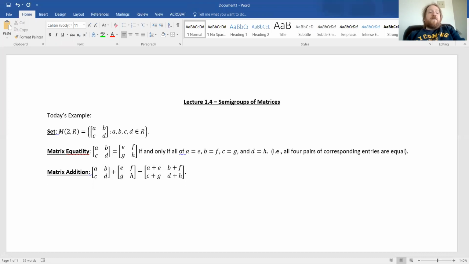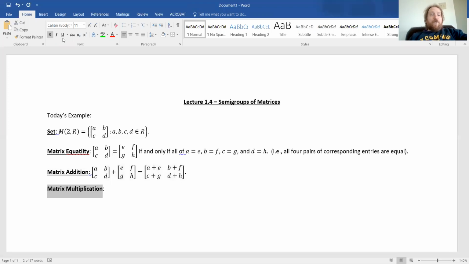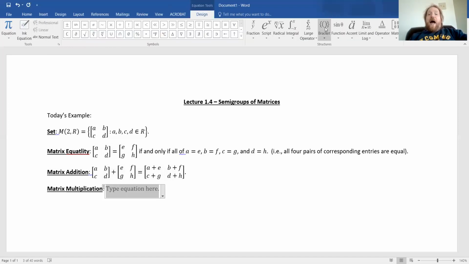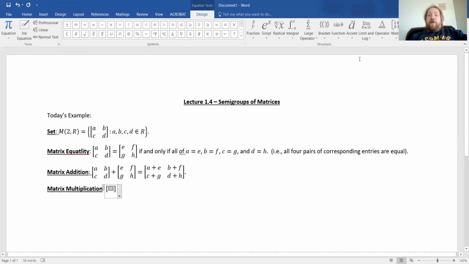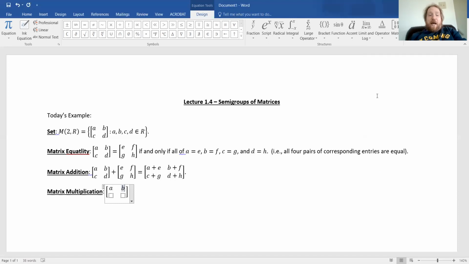Now, the less intuitive operation is matrix multiplication, because it turns out when you multiply matrices, you don't just multiply the two entries. Now, there's a formula for matrix multiplication, but I would not recommend trying to memorize the formula, because there's an easier way to actually understand what you're doing here.